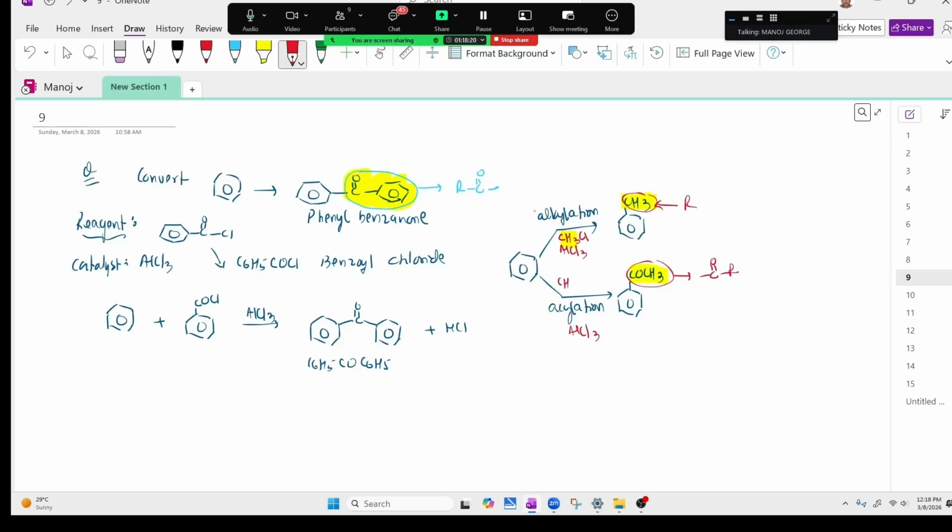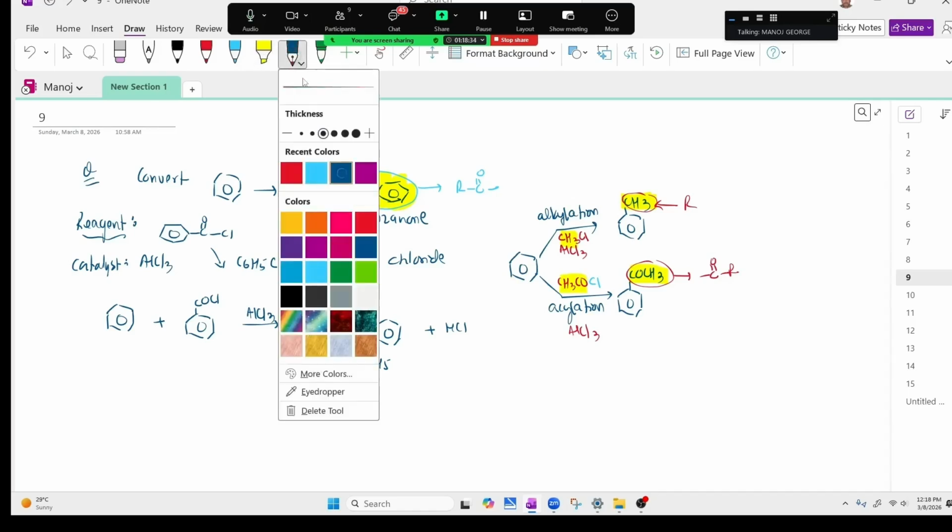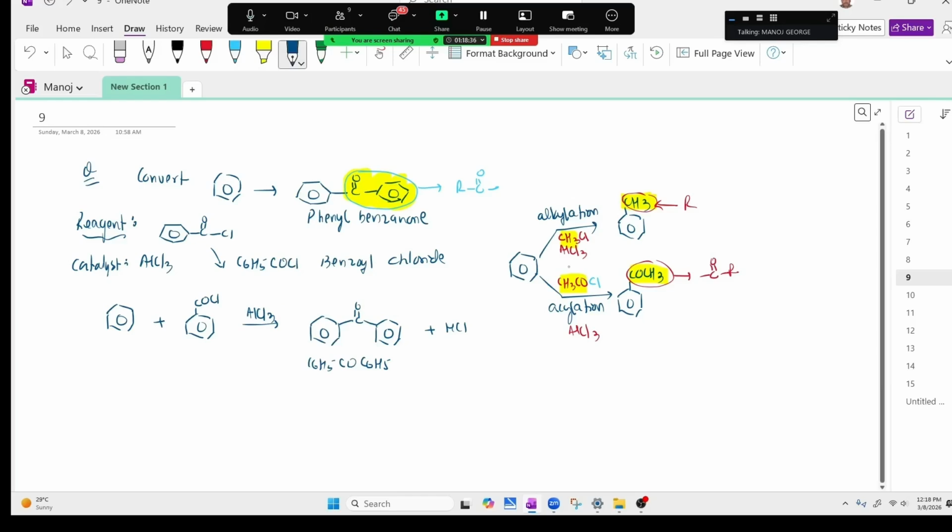Just write CH3CO and stick a Cl to it. Finished, done. Now tell me if it makes sense. That's my reagent there. Questions, please. I hope this is very clear. That's the difference between alkylation and acylation. Both of them are electrophilic substitution given by Friedel-Crafts. Guys, on a scale of 0 to 10, where do you stand now?